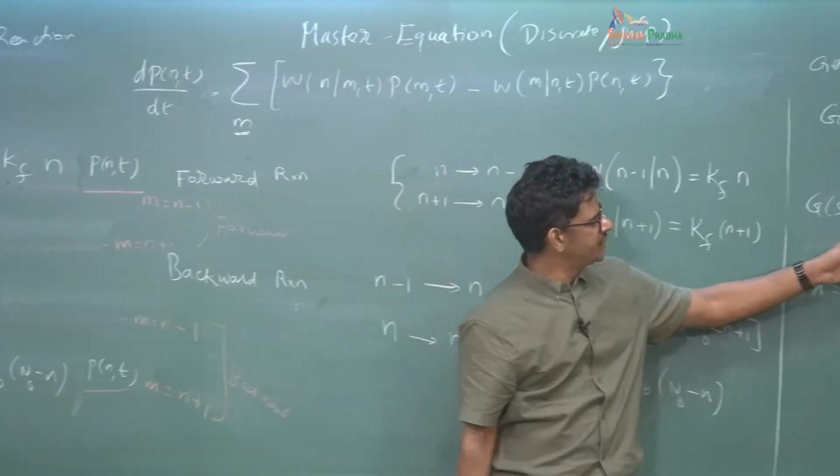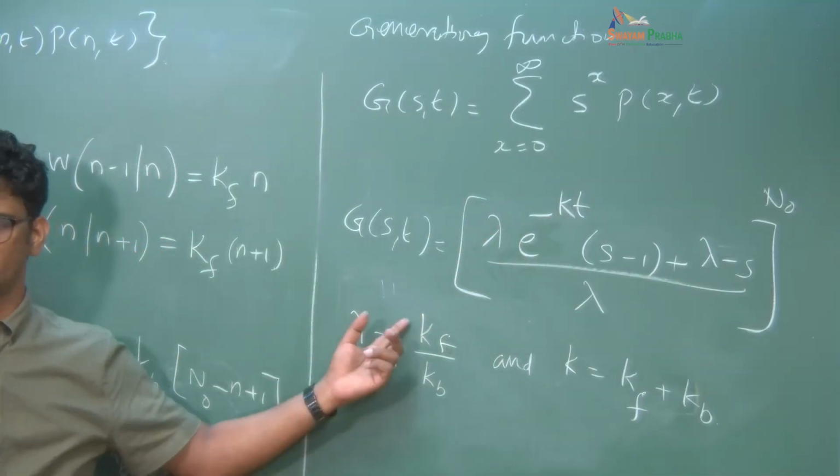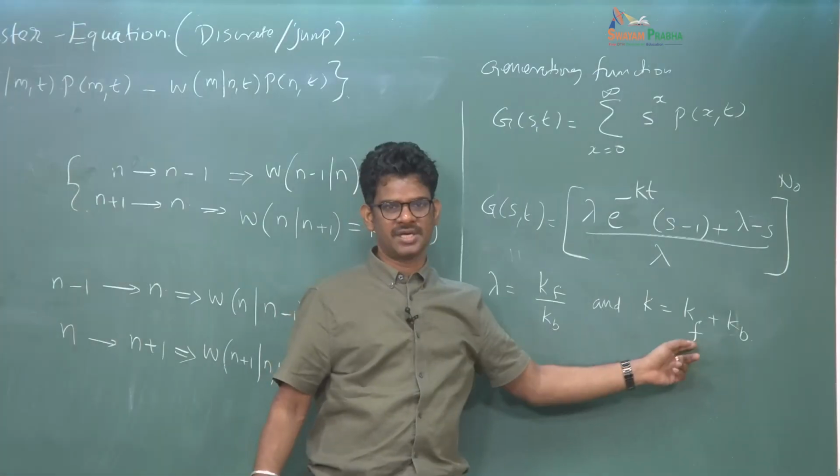So we are writing the solution in terms of 2 parameters, lambda and k, and lambda is the ratio of the rate constants, and k here is the sum of the 2 constants.